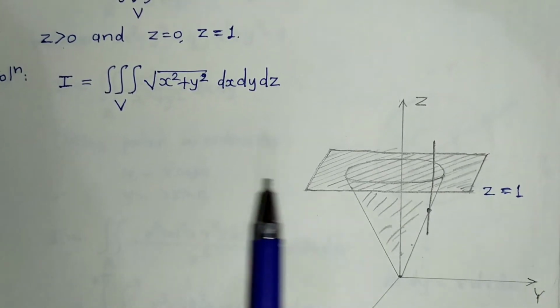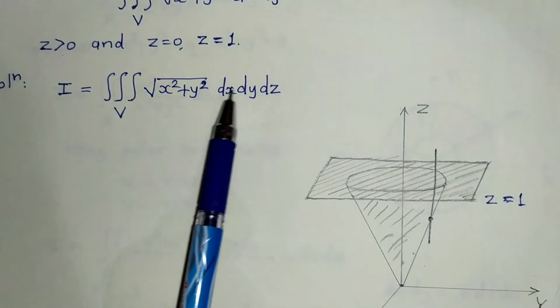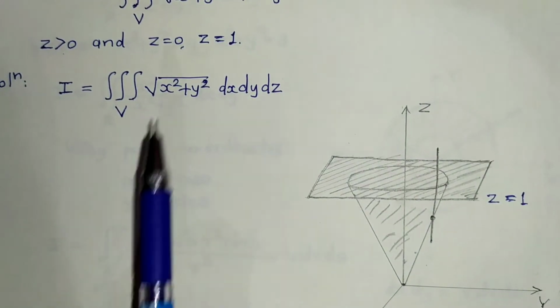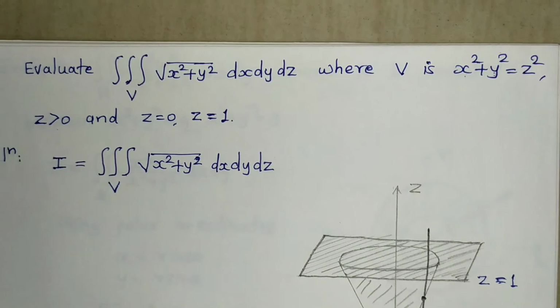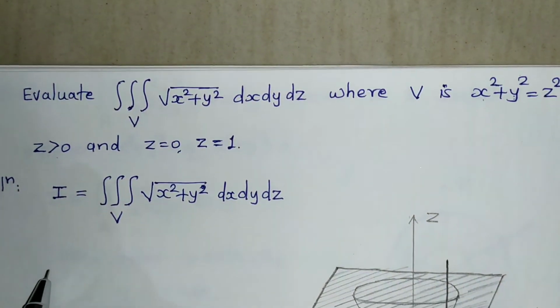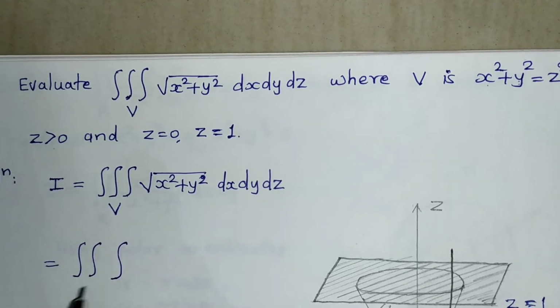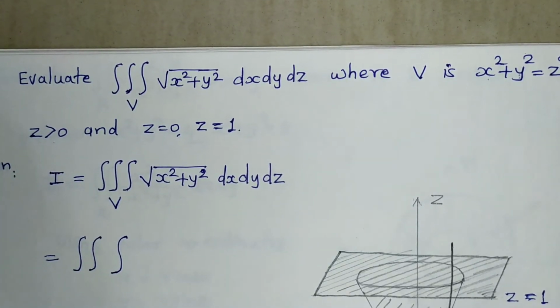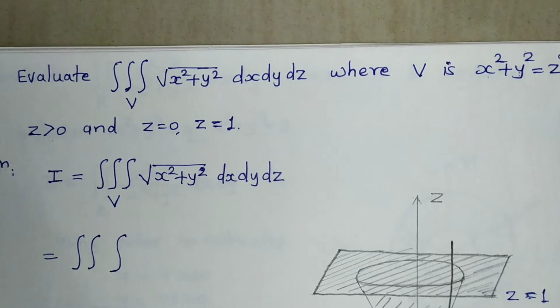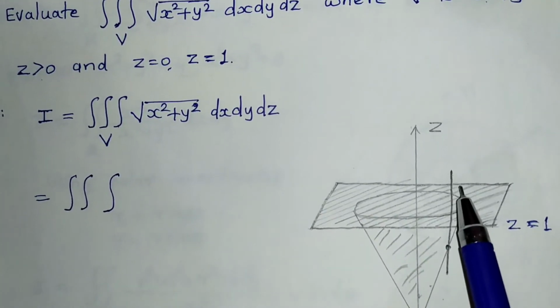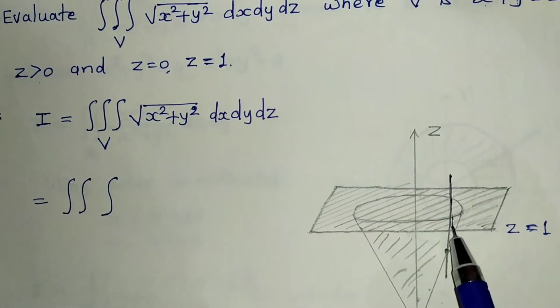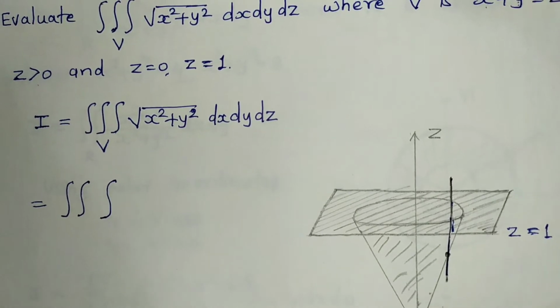Now let us evaluate this integral with respect to variable z first. In this example limits are not given, so let us first evaluate with respect to z. How to determine the limits for z? The procedure is, you draw a straight line parallel to z axis. Here I have drawn the straight line parallel to z axis.